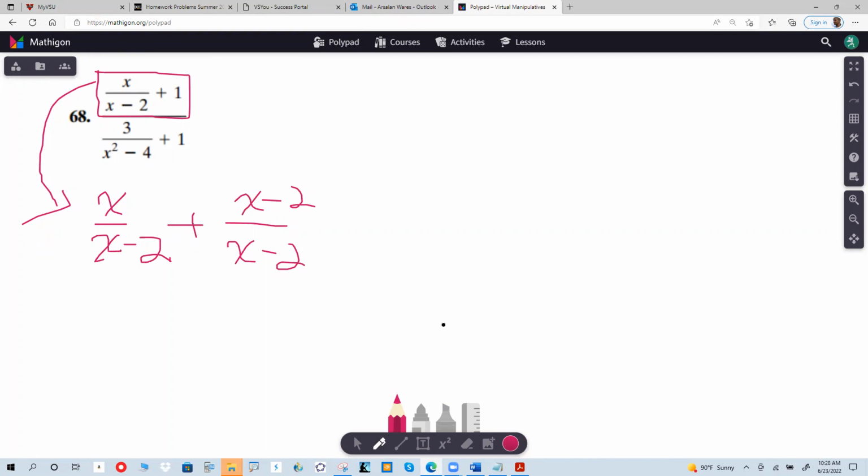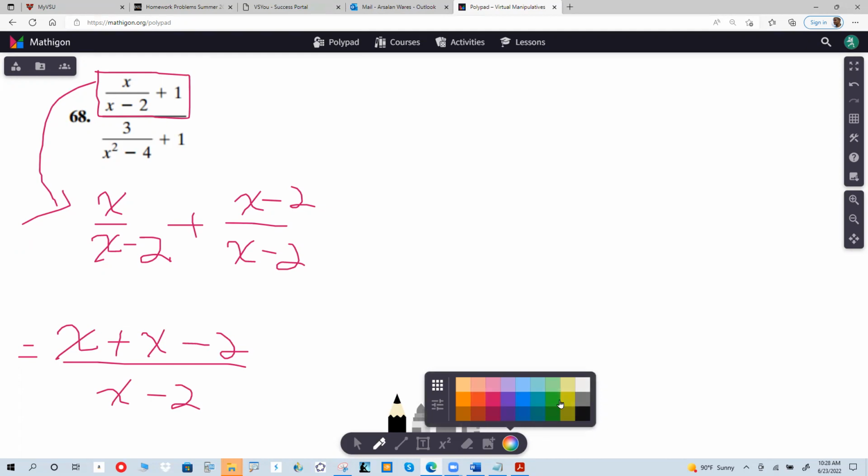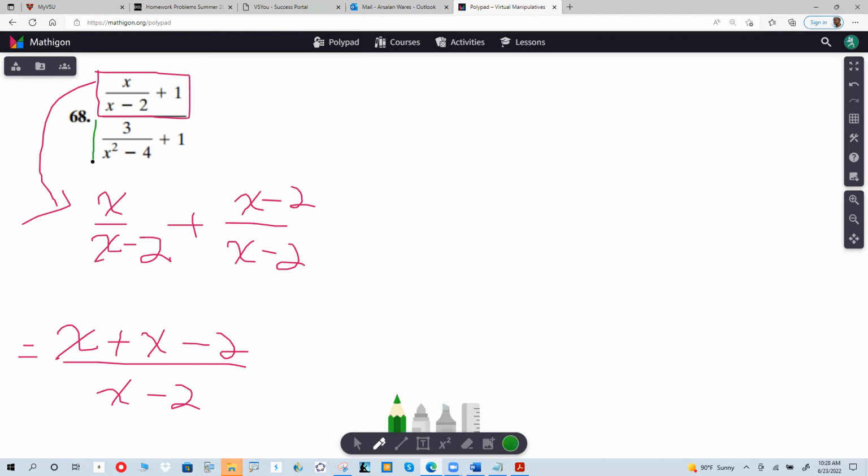If we have the same denominators, we take the numerators and add or subtract them depending on what sign appears here. That's not too bad. I'm going to write x plus x minus 2, and I'm going to write the denominator only once. Done. Now I'm going to do something very similar with the bottom piece, and I'm going to do it here.